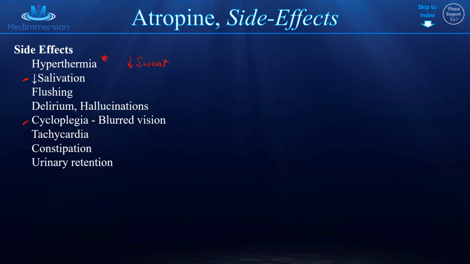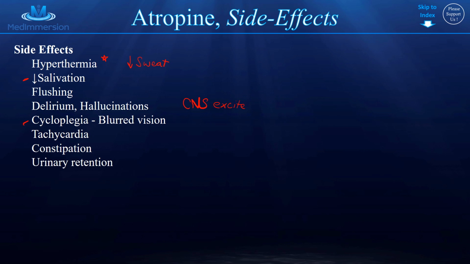Remember how we only covered really just the M2 and M3 receptors? Well, if you consider some of the other receptors, they have high concentrations in some of the CNS, like the M1, M4, and M5, and even a little bit of M3. High doses of atropine could cause delirium and hallucinations. So that's where that side effect comes from.